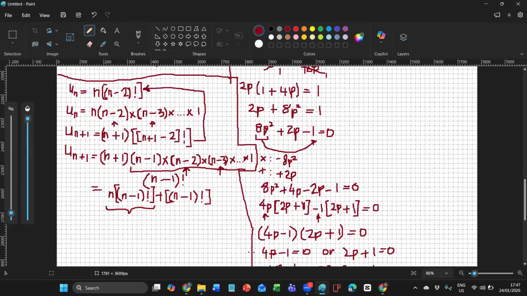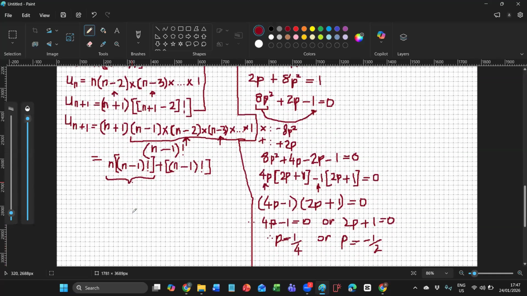So like I said, let's work on this one that I just put that shape under.